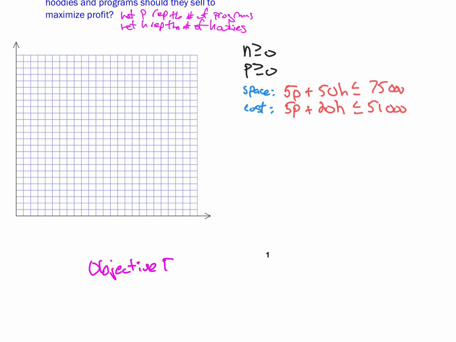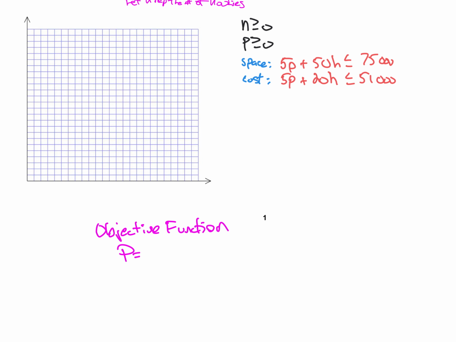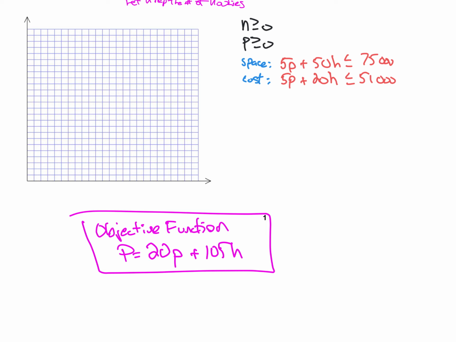The objective function. We're trying to make profit here, so profit is going to equal what? 20P plus 105H. Good. Okay, there's our objective function.